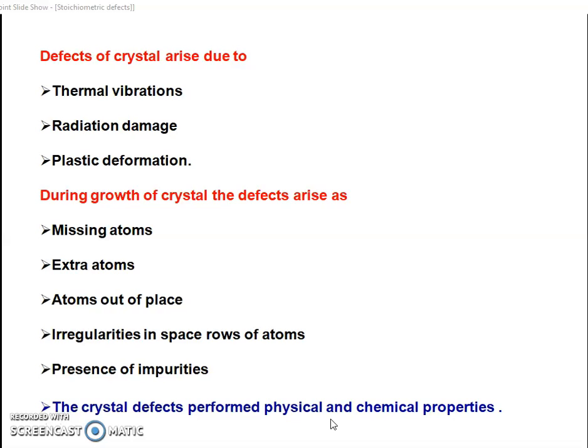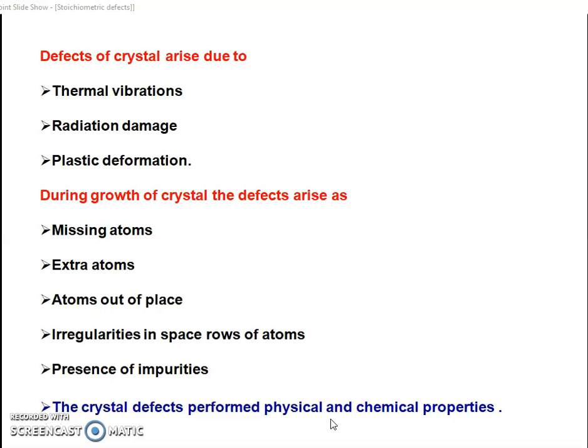Defects may scatter the conduction electrons in metals, which increases electrical resistance by several percent in many pure metals as compared to impure metals. The behavior of a solid under stress is largely determined by the nature and concentration of defects.